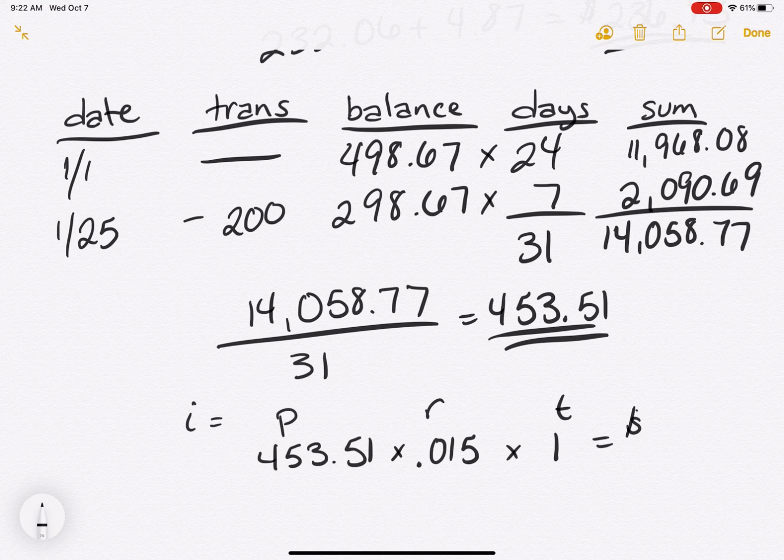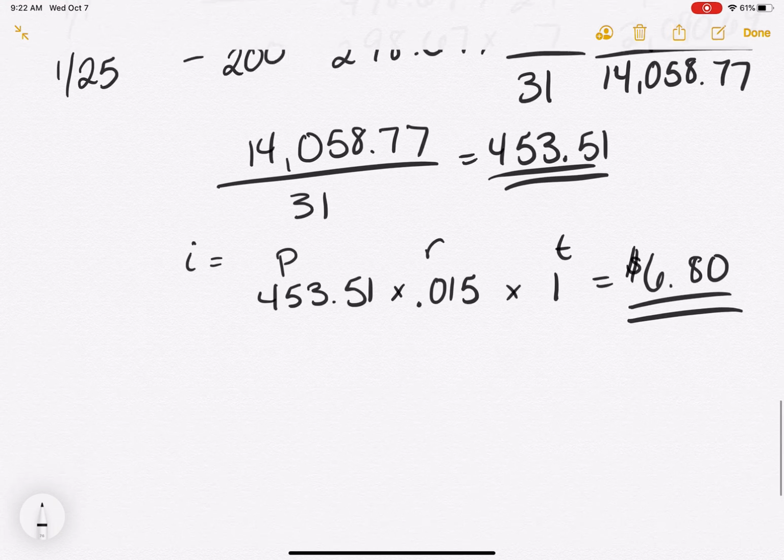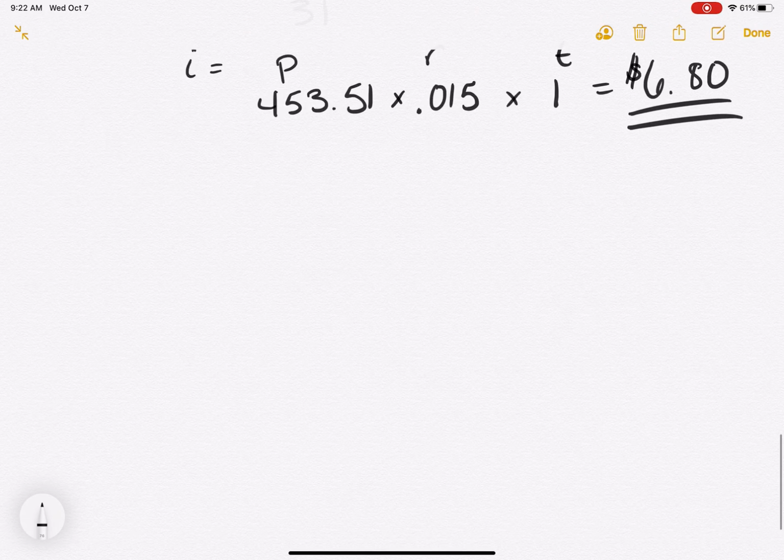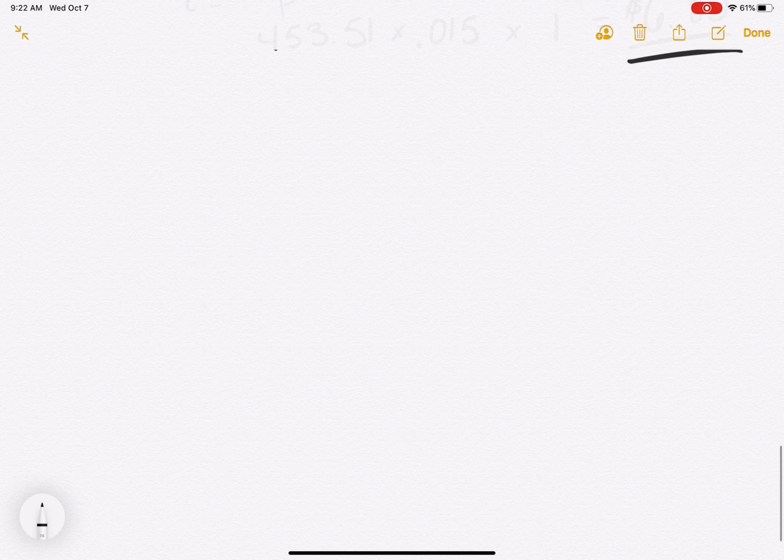So $6.80. That's all it's asking for, the finance charge. We don't have to add it to the balance in that one, because all it asked for was the finance charge. In D, yes, we will.